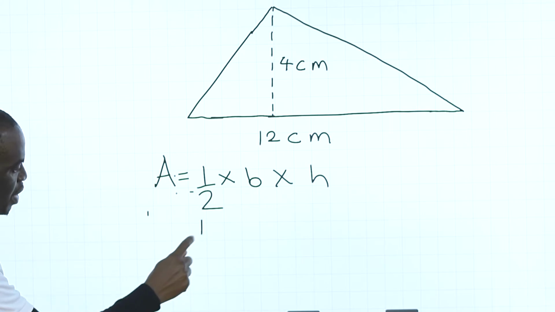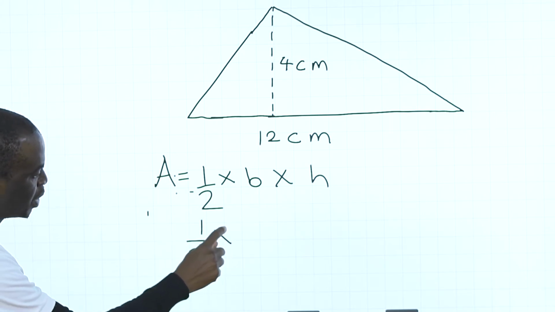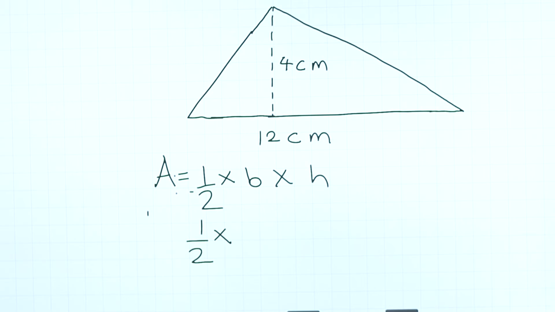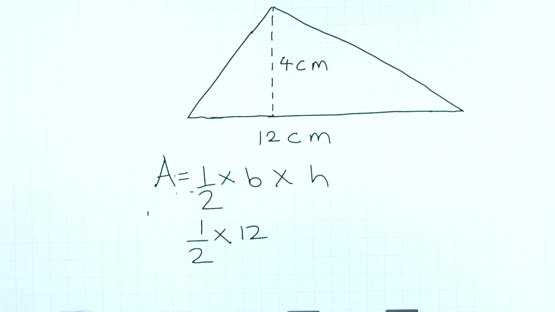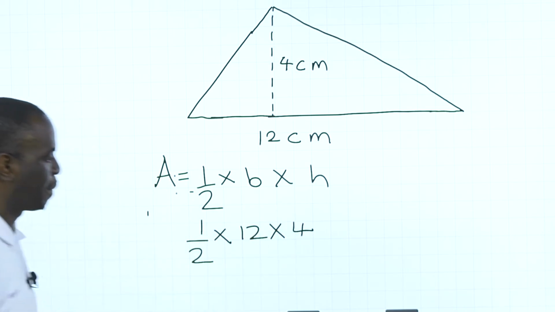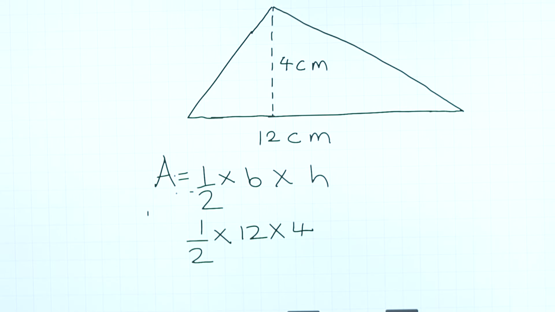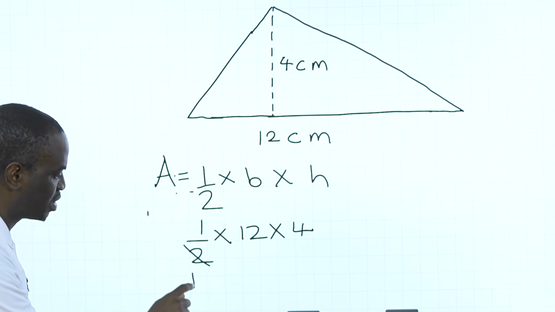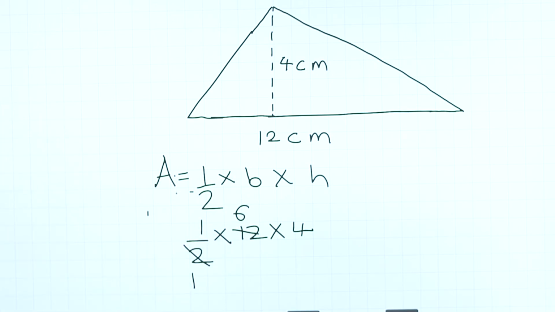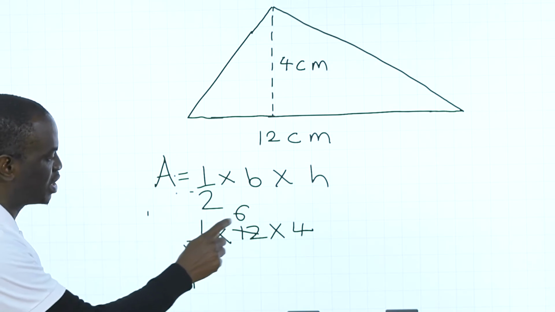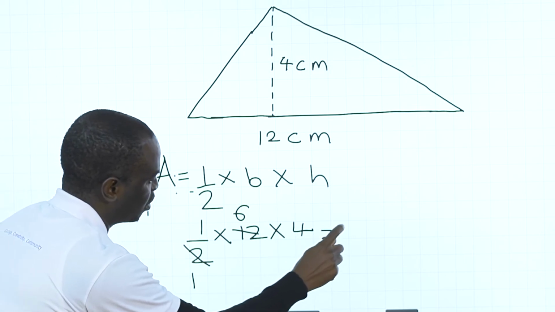So we are going to say half multiplied by 12. Now notice something. We have substituted the letters with the numbers. Multiplied by 4. So we multiply by 4 like that, and then we can say 2 goes in there once, 2 goes in there 6 times. So we are now going to multiply the set of numbers on top. So we're going to say 1 times 6 times 4 will give us 24.